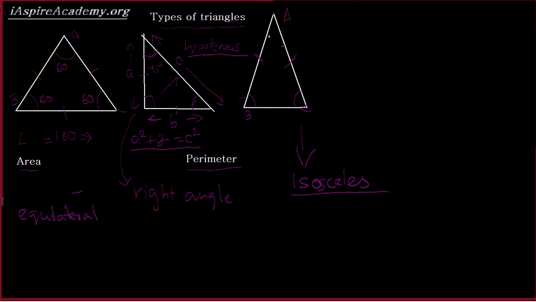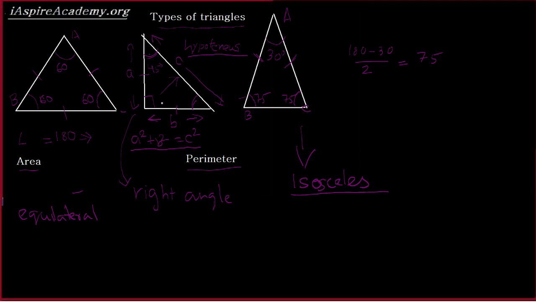For example, if this angle is given as 30 degrees, then each of these two angles would be 180 minus 30, divided by 2, which is 75.